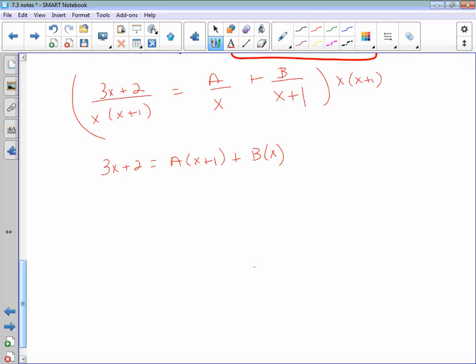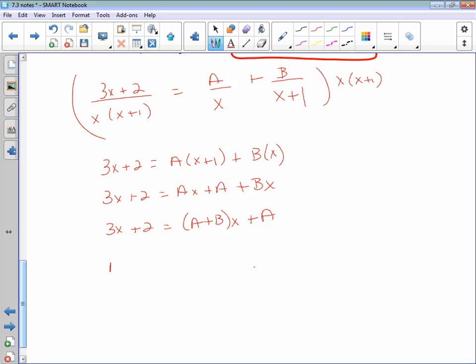You multiply so you can eliminate all the denominators. I would like there to not be any denominators. So then 3x plus 2 equals ax plus a plus bx. So 3x plus 2 equals quantity a plus b times x plus a.